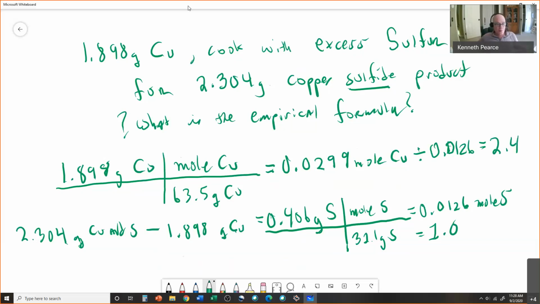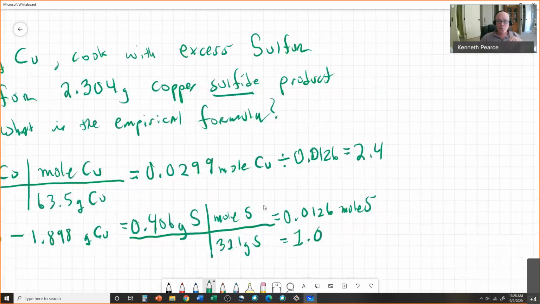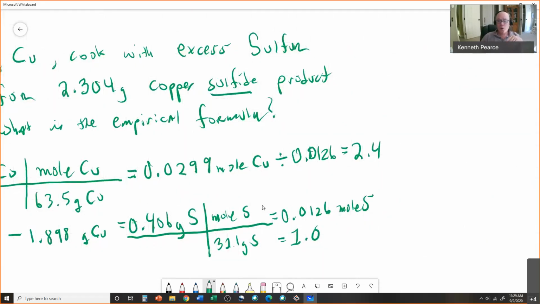Remember what I was saying about if you're around 4-ish or 6-ish, you need to multiply everybody through by 2, because it tells you that one of them is odd. So we're going to multiply everybody through by 2, only because this is close to 5.